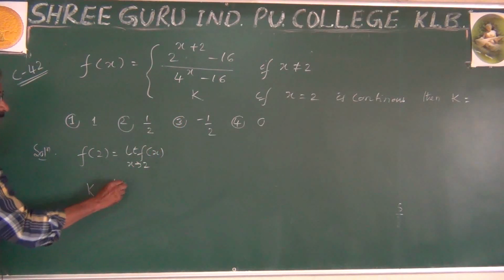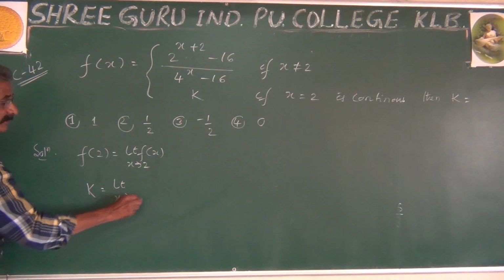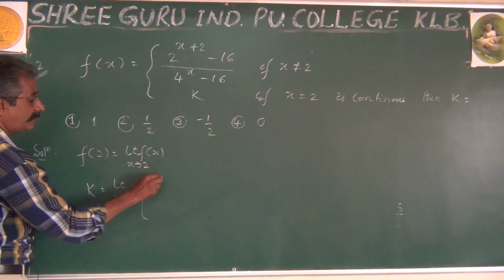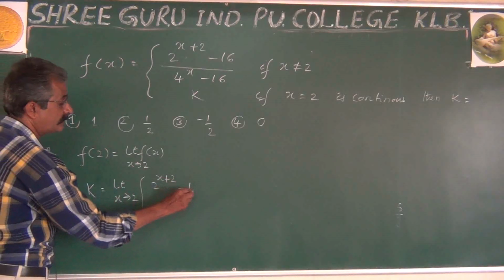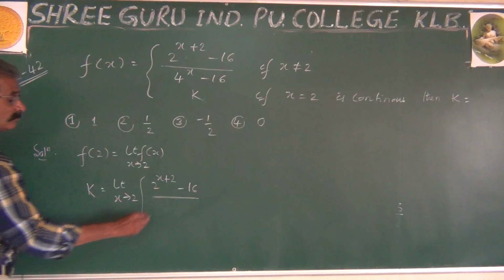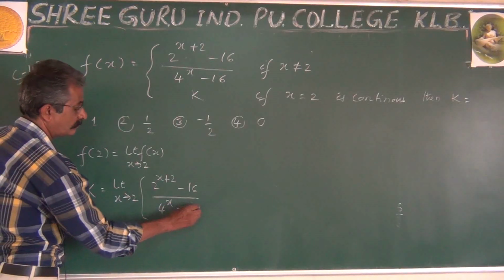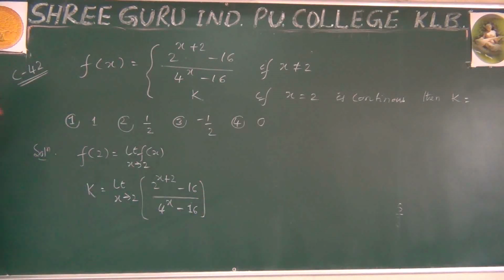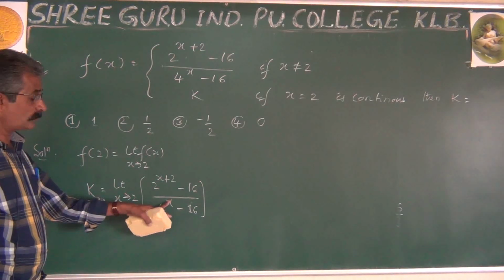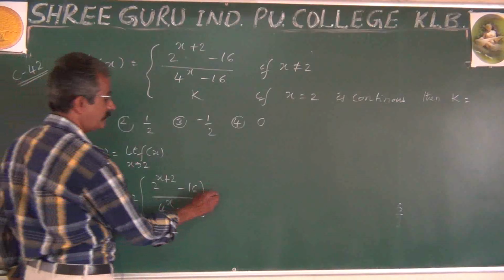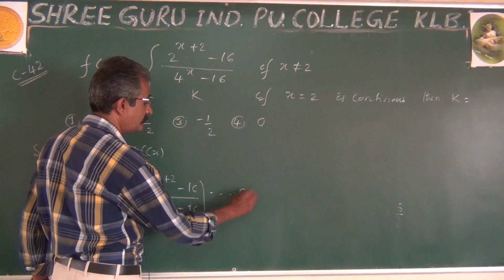On the right hand side, the limit as x tends to 2 of f of x is 2 power x plus 2 minus 16 divided by 4 power x minus 16. It is in 0 by 0 form because 4 into 4 is 16, minus 16 is 0.